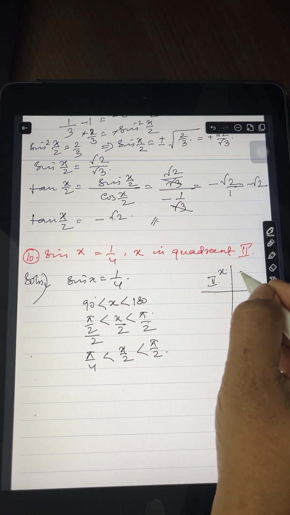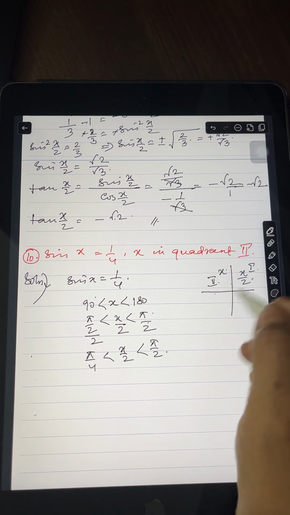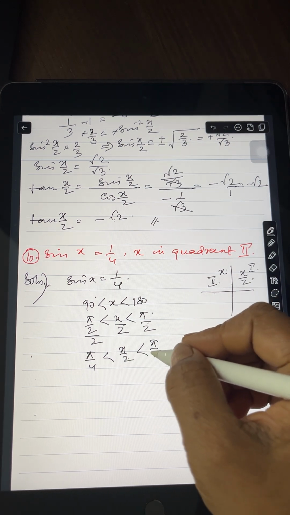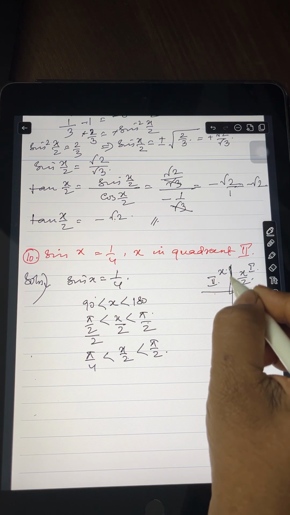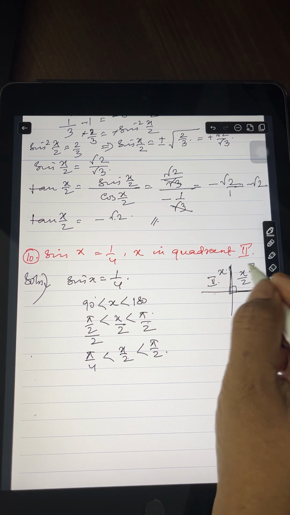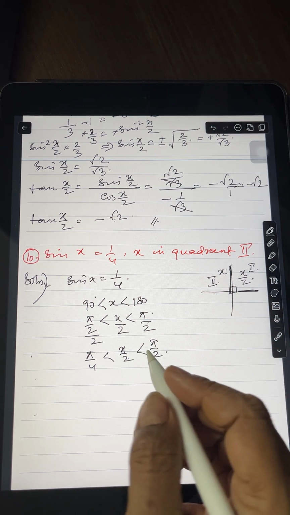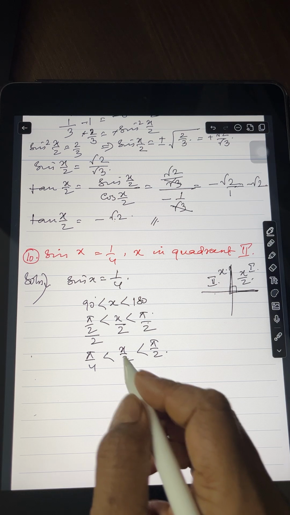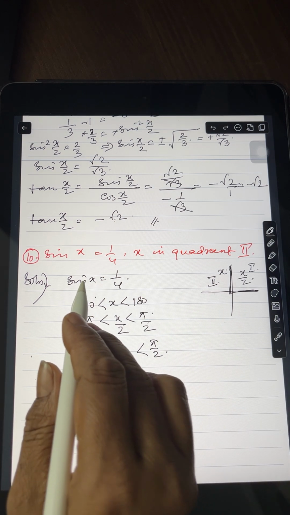X by 2 will be in first quadrant. Okay, clear? X by 2 is less than 90, somewhere here. This is 90 degree. So x by 2 is in first quadrant. Okay, clear till here?